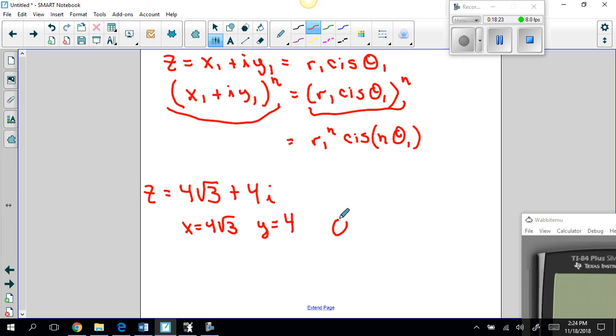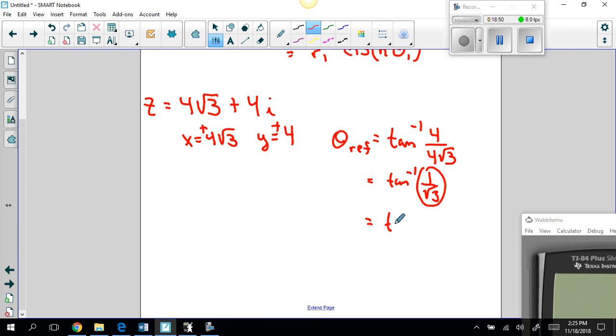And we know theta ref, by the way, this is plus and this is plus, so we're in the first quadrant, an imaginary first quadrant, but it's inverse tangent absolute value of y over x, which is inverse tangent of 1 over the square root of 3, and then that should set off alarm bells, because that's inverse tangent of the square root of 3 over 3, and I know my unit circle very well. I know when tangent is the square root of 3 over 3, it's at 60 degrees. Oh, that would be 30 degrees. There we go, 30 degrees.